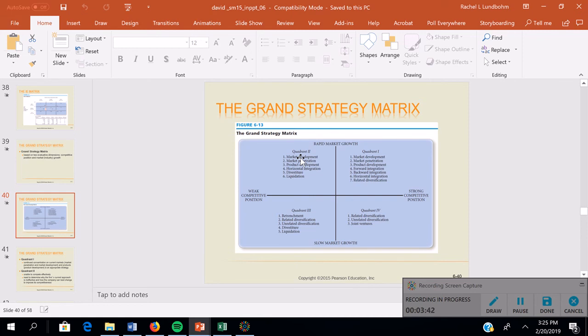That's what some companies do. When they have a product that's reached the maturity stage in the US, they go to a developing country and it becomes popular again. Or in this case, they could just say, we're done, we're going to get rid of this, we're done with the phone industry. So that's how the grand strategy matrix works.